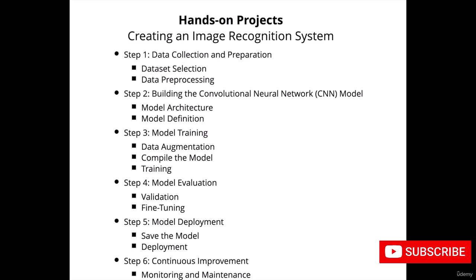Deployment: deploy the image recognition model using a suitable deployment strategy such as deploying as a REST API using TensorFlow Serving or Flask. Step 6 is continuous improvement. Monitoring and maintenance: monitor the deployed model performance in real-world scenarios and update it periodically with new data or fine-tuning to maintain accuracy and adapt to changes.